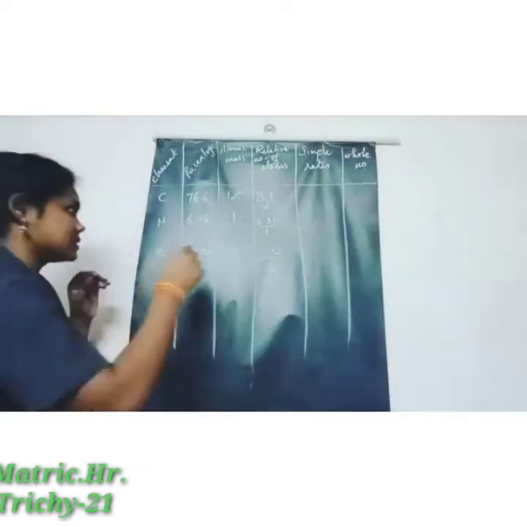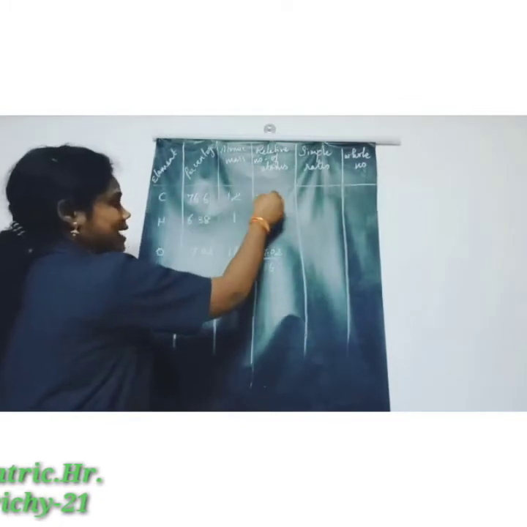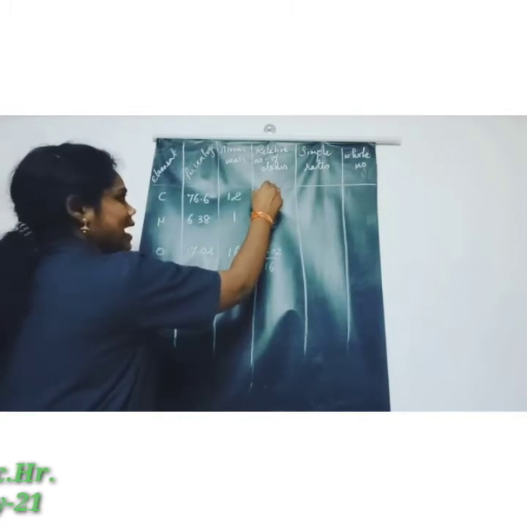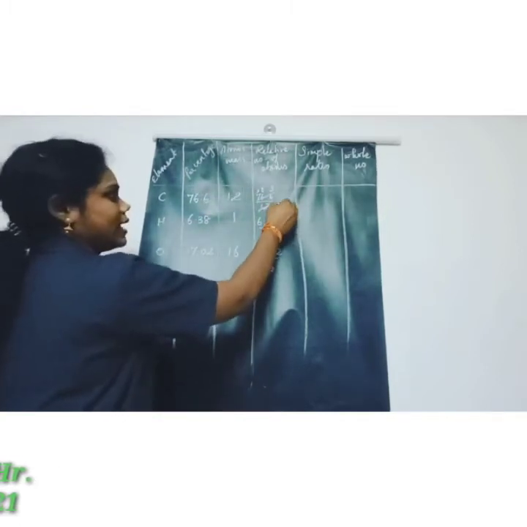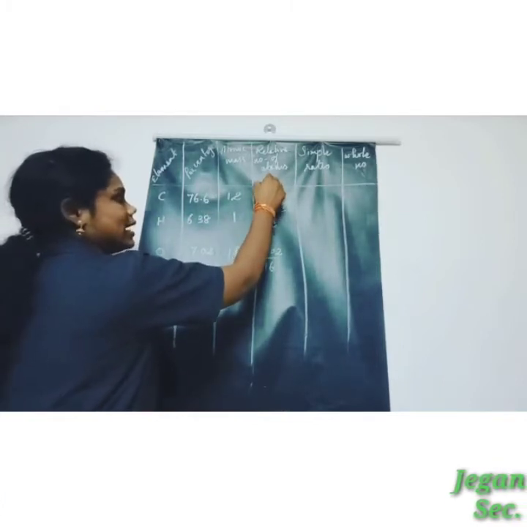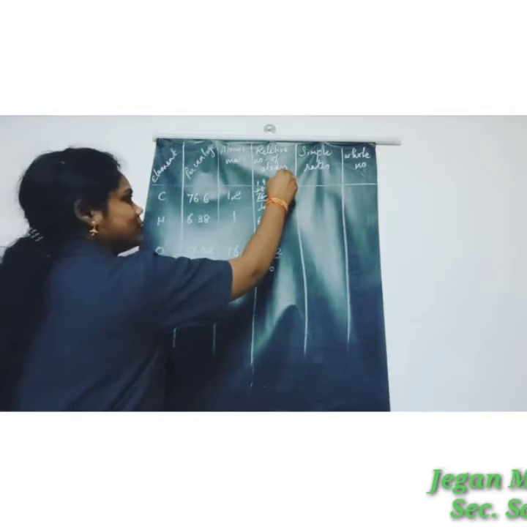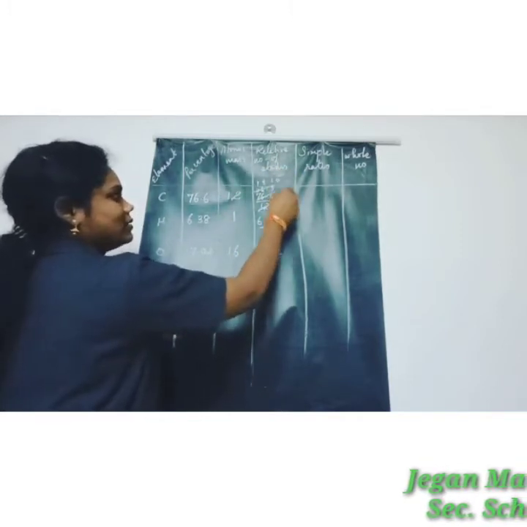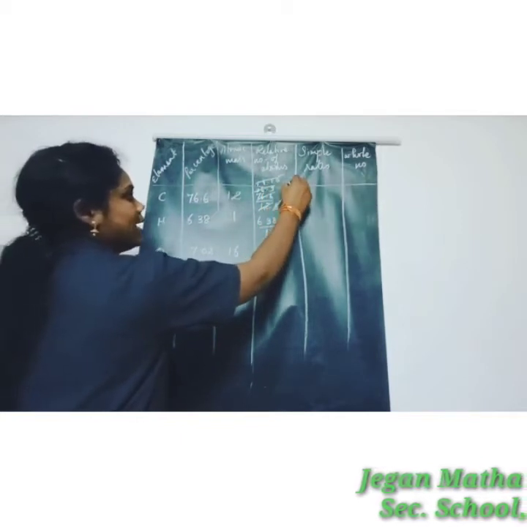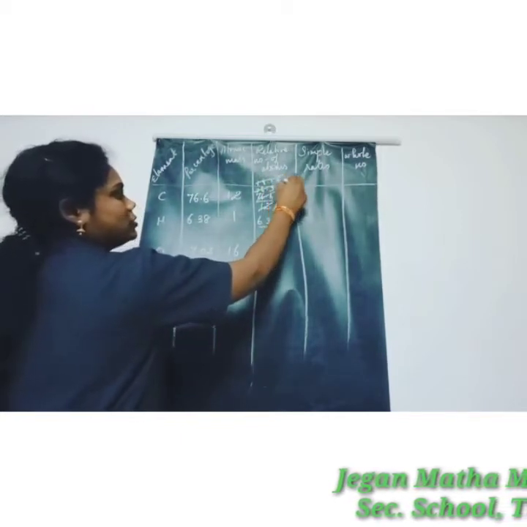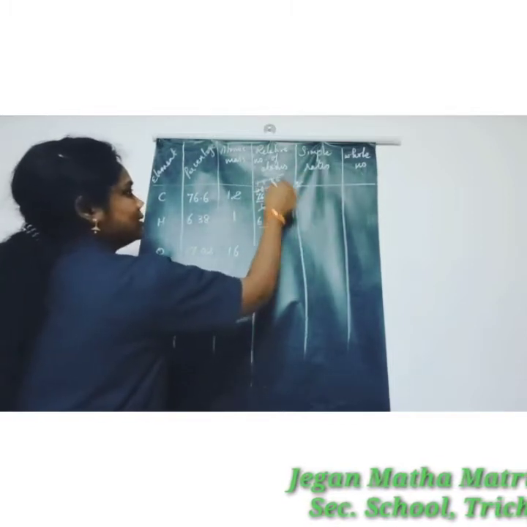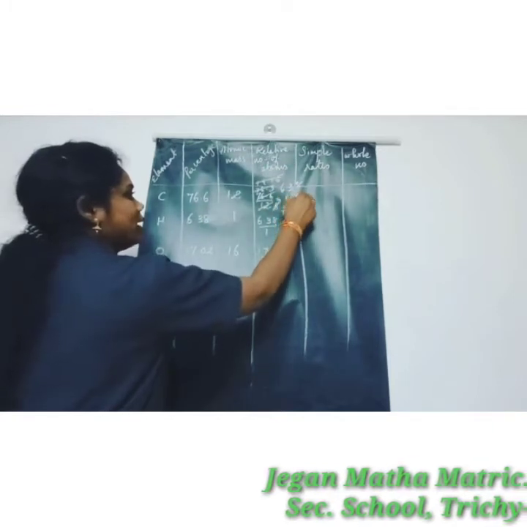After that we simplify these. For carbon, 76.6 divided by 12 is 6.38.